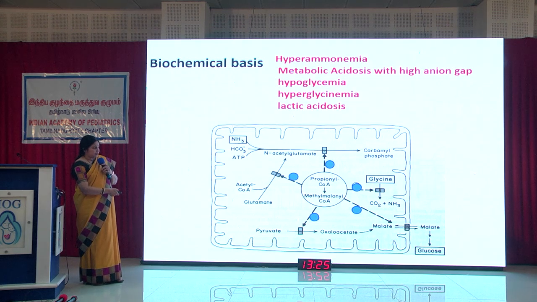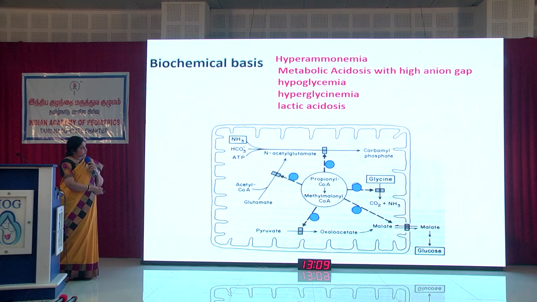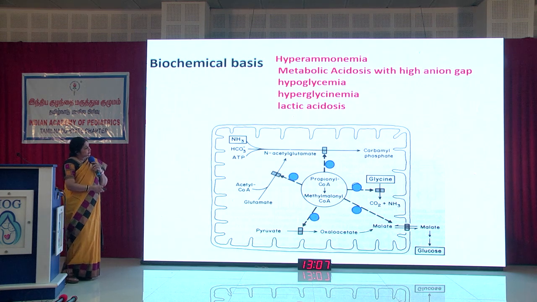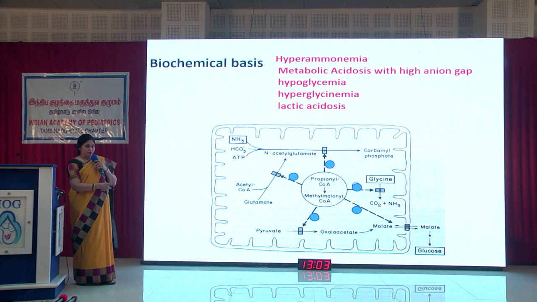And in addition, glycine levels are high. What is the reason for that? These organic acids inhibit the glycine cleavage pathway. And lactic acidosis, because there is a block in the gluconeogenic pathway, pyruvate is converted to lactate. So these are the biochemical basis of these findings.